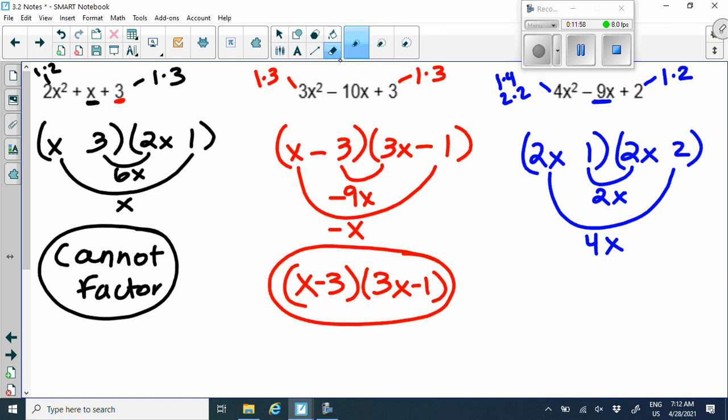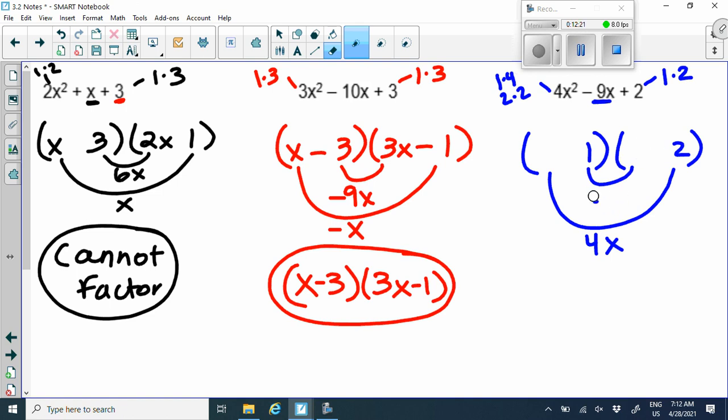Now the thing is, because my 2x and 2x are the same, I don't need to swap anything. For my 1 and 2, I have to use that because that's the only pair. So the thing that I'm going to change is my 2x and 2x, because that did not work.